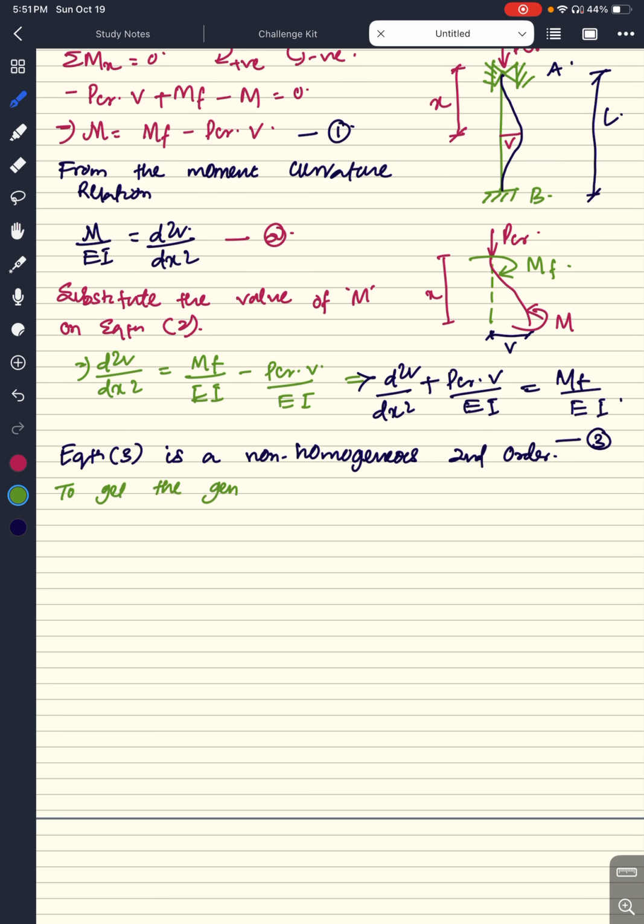To get the general solution of equation 3, we need two different kinds of solutions, that is the complementary solution plus the particular solution. So the general solution here for a second order differential equation is the sum of the complementary solution plus the particular solution.